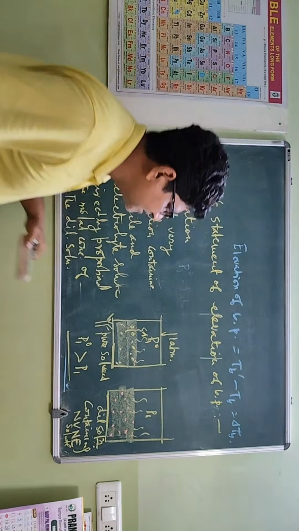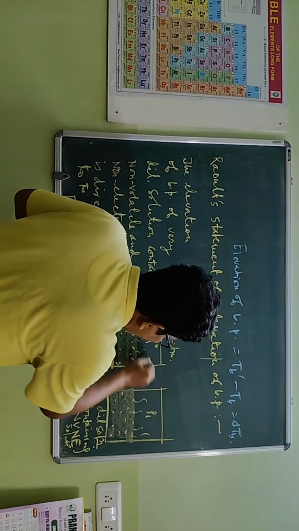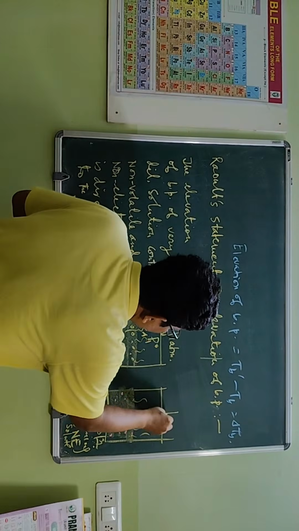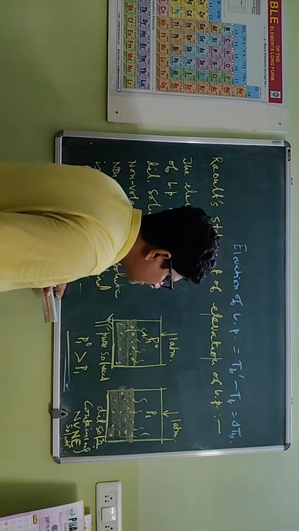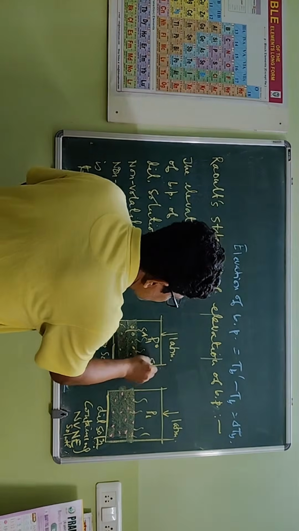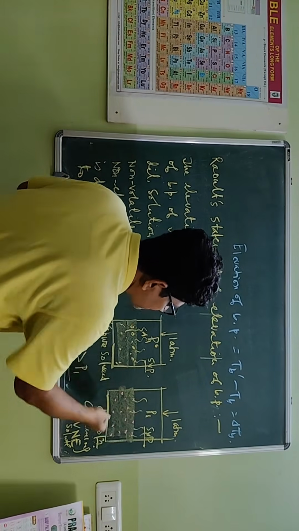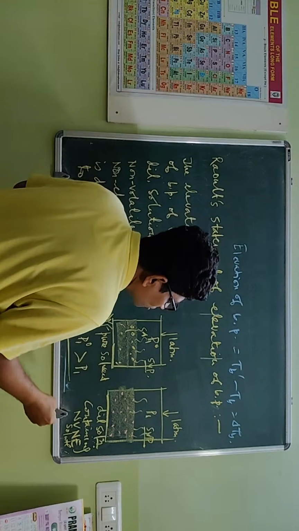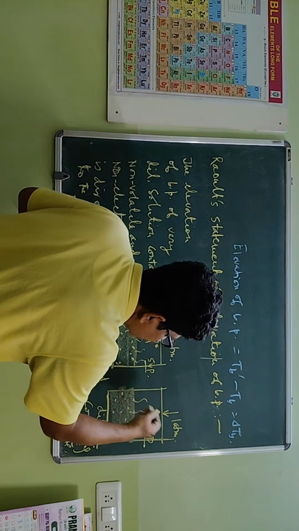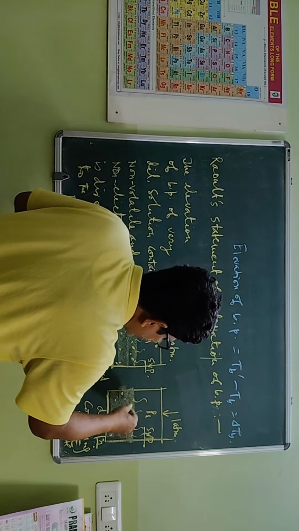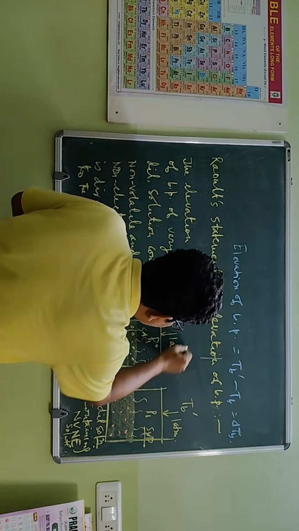The dilute solution's saturated vapor pressure P1 will take more time to reach it. That means its boiling point will rise. It will be TB prime and this one will be TB.